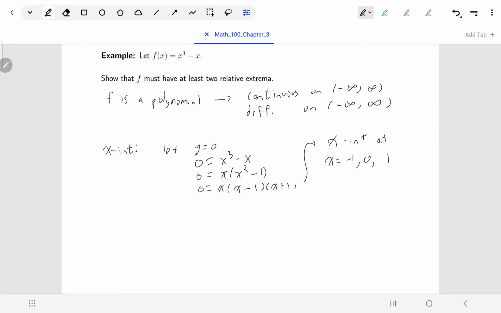So now we've got everything we need to draw our conclusion. We know that Rolle's theorem applies. The reason Rolle's theorem applies is because we have a function that's continuous, it's differentiable, and we've got some points that have the same y value, in particular those x-intercepts. And we also know that f is not a constant function.